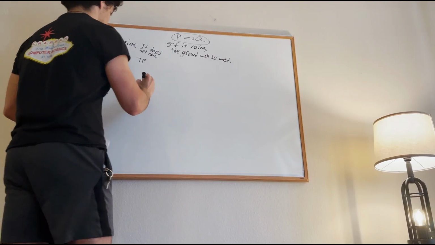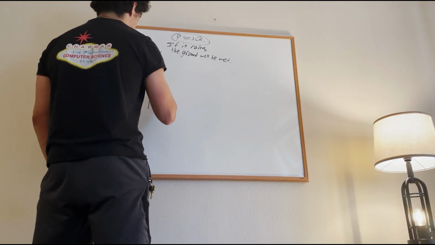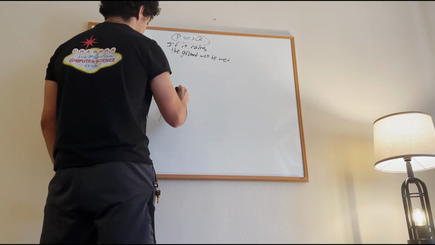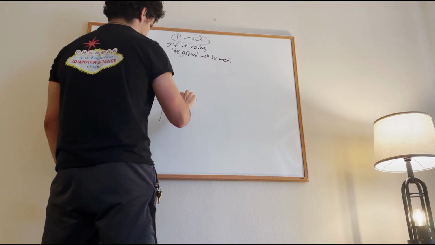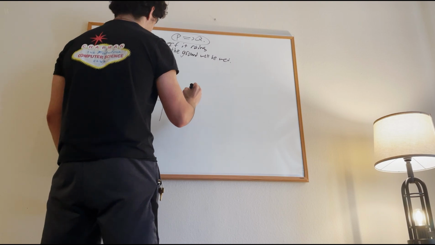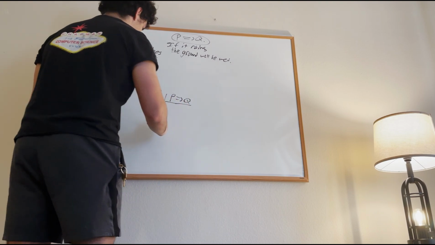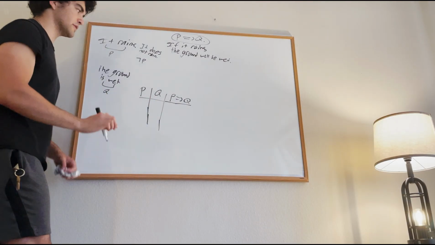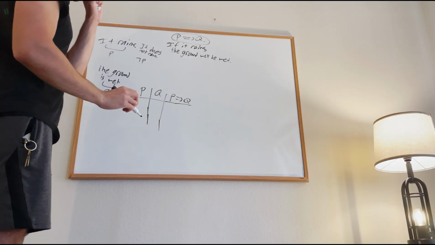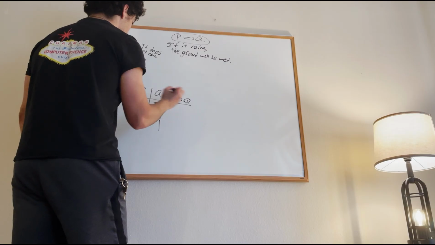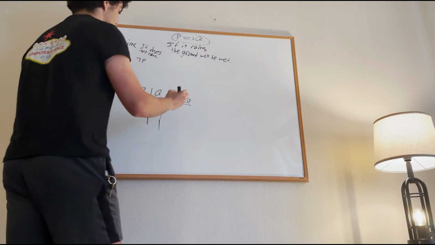Okay, so we have P, we have Q, and we have P implies Q, like that. Okay, and right, we're only gonna have four possible combinations of P and Q since P and Q can either be true or false. So the simplest case, when they're both true, we're gonna have P implies Q is true.